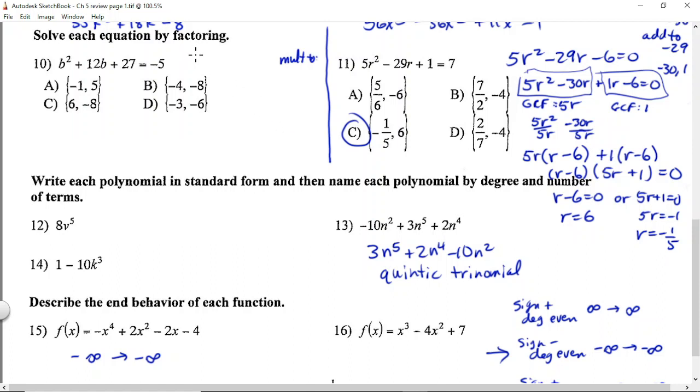We're going to add 5 to both sides, right? b squared plus 12b, and then add 5 to both sides, so that's 32 equals 0. So now we know our numbers need to multiply to make 32 and add to make our middle term, which is 12.